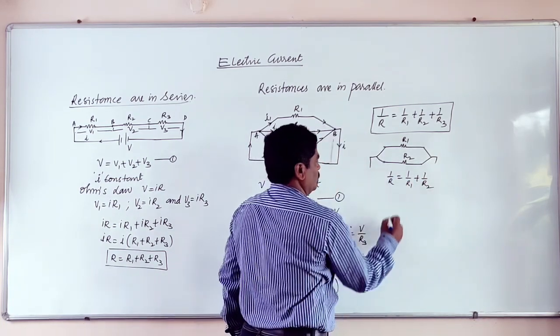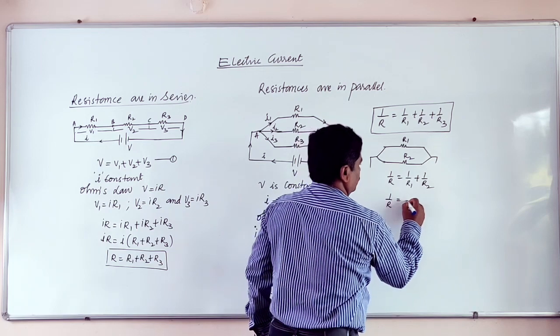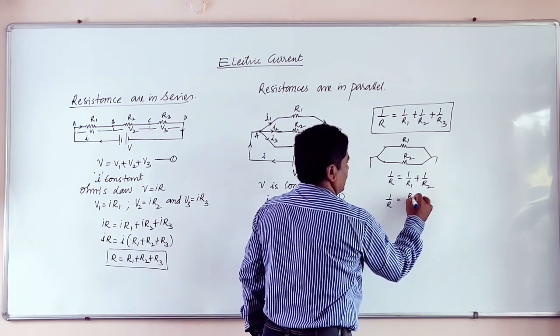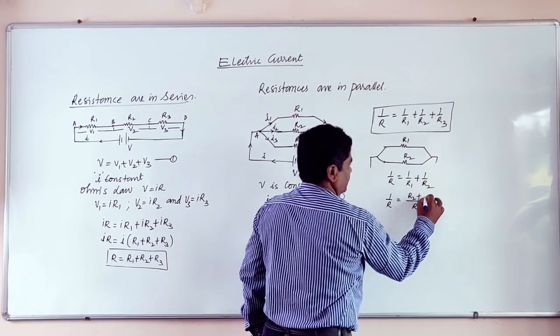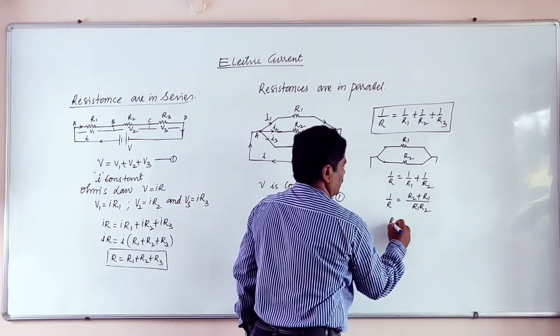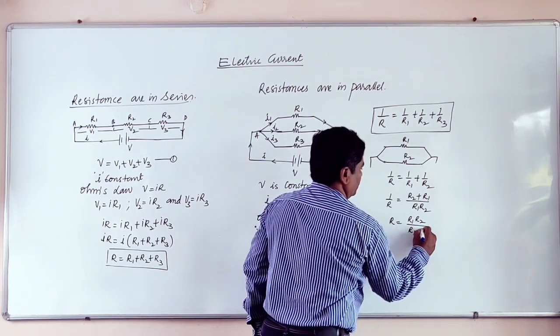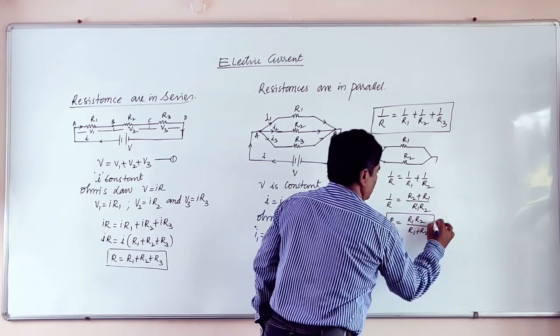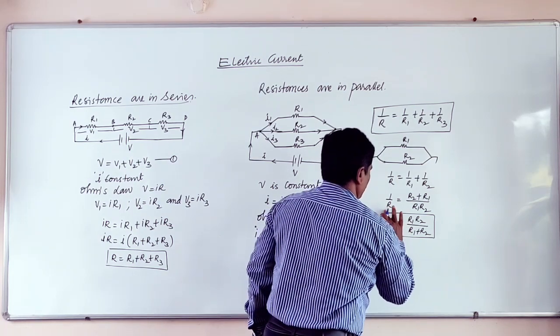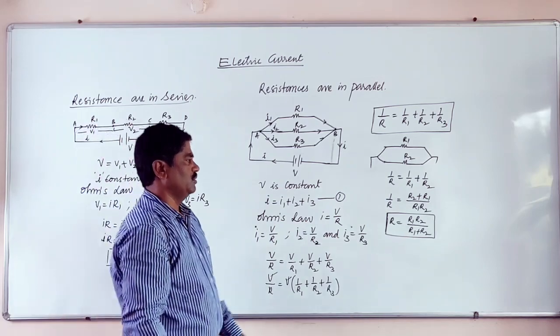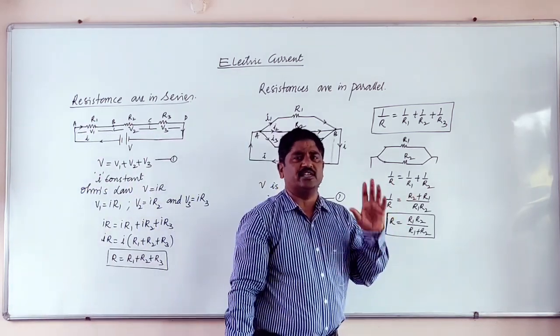Taking the common denominator R1 R2, R is equal to R1 R2 by R1 plus R2. This is a convenient way to do problems easily. So we can solve the problem by this formula when two resistors are connected.